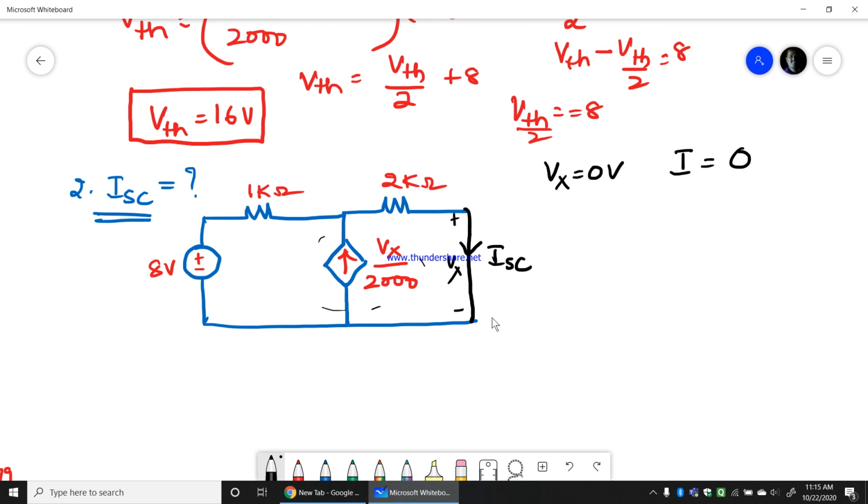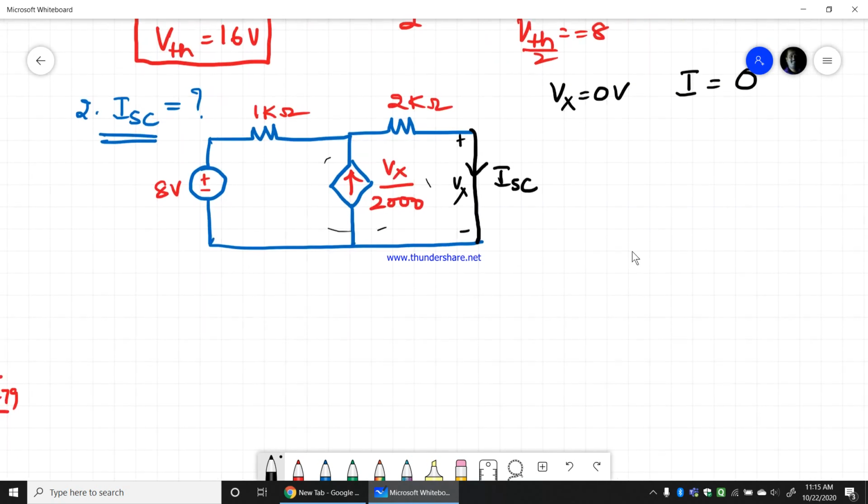The reason is, as the voltage across this terminal has now been shorted, therefore Vx is now equal to 0. Therefore once Vx is 0, this current value will be equal to 0, then this current source will behave as an open circuit.